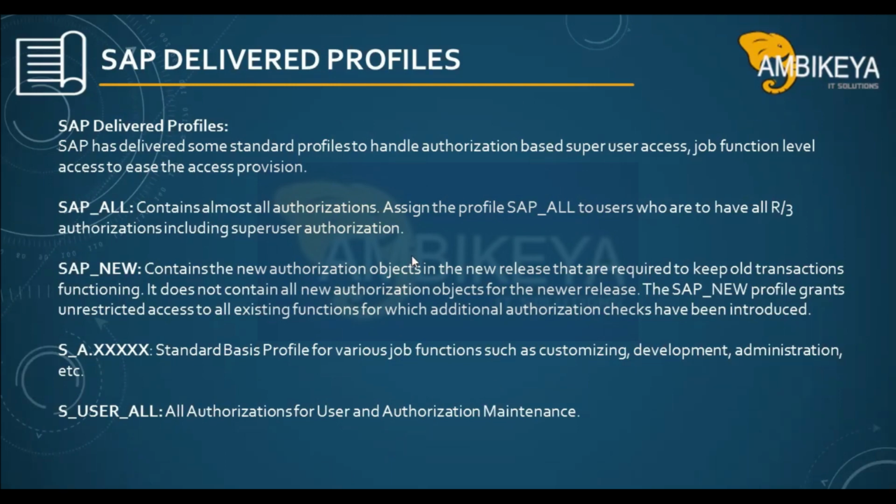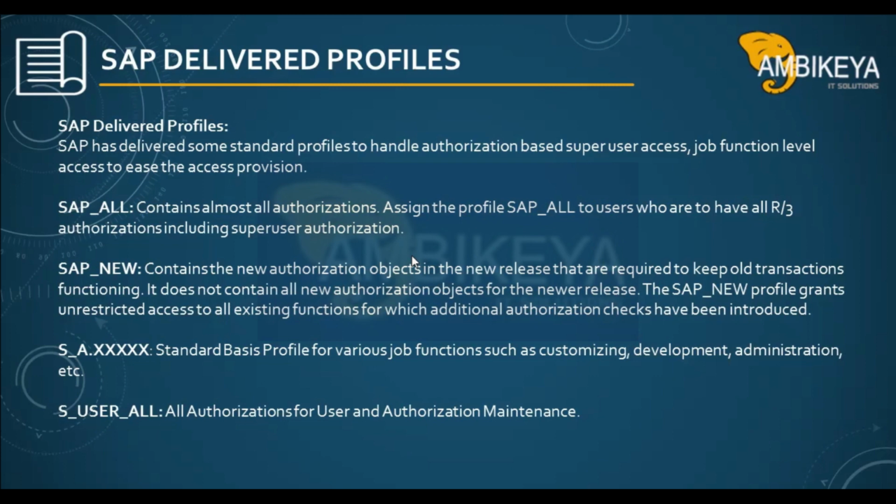Whenever we set up a new system, we don't know what exactly we need, so we don't want to face any authorization issue in the system. Basis and security people have that habit. Usually Basis doesn't want to face any authorization issue, so if they are the only ones going to use the system in the initial phase of implementation, they assign SAP_ALL to their own user ID.